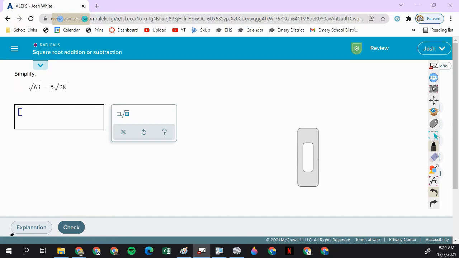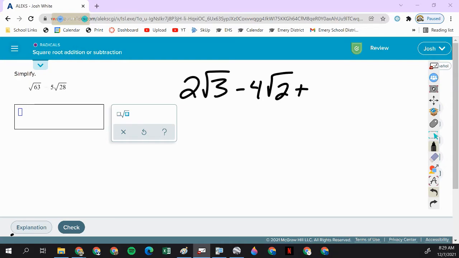So if I had square roots, like 2 root 3 minus 4 root 2 plus 6 root 3, these are common terms. They both have the square root of 3, and I can put those together using addition.